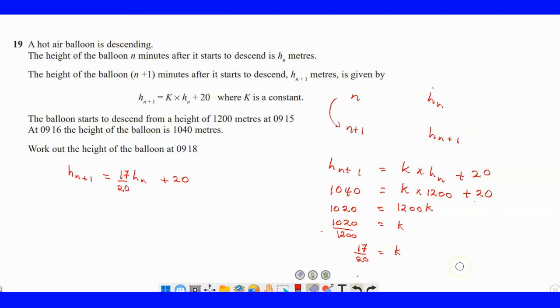Let's use this information to help you understand how to figure this out. At 9:16, we have a height of 1040 meters.